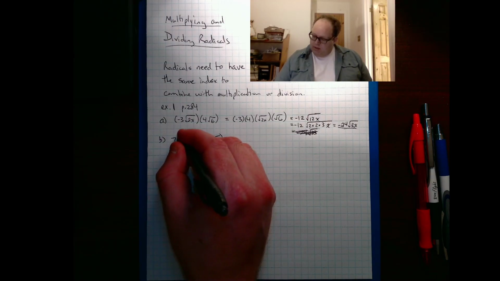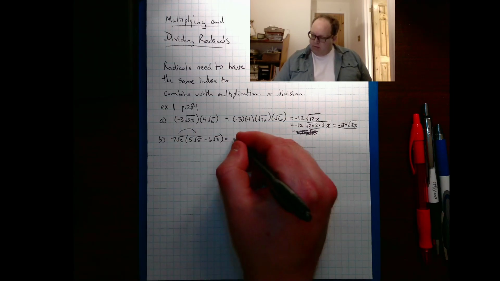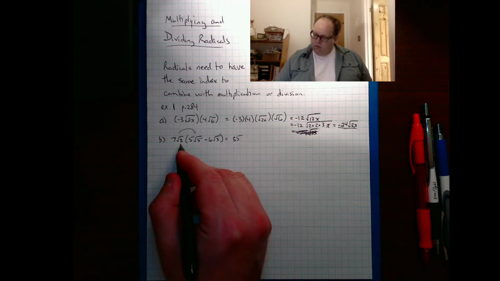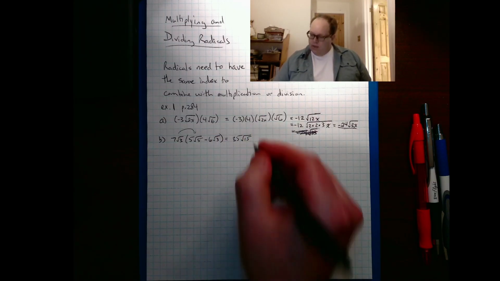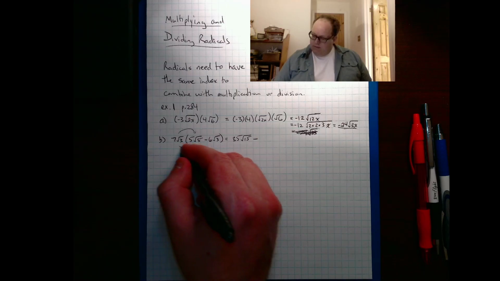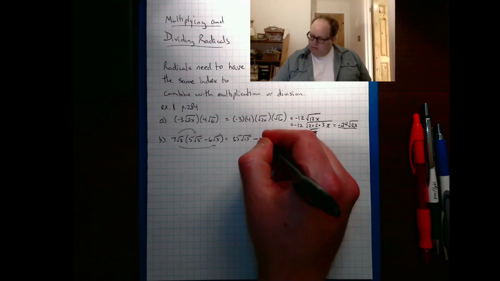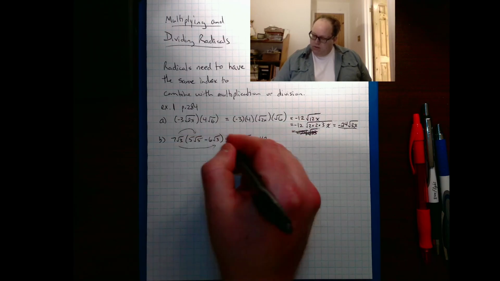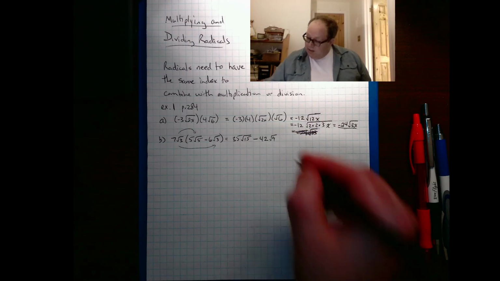I'm going to end up with 7 root 3 times 5 root 5. 7 times 5 is 35. Root 3 times root 5 is root 15. I'm going to minus 7 root 3 times 6 root 3. 7 times 6 is 42. Root 3 times root 3 is root 9, but that actually simplifies quite nicely.